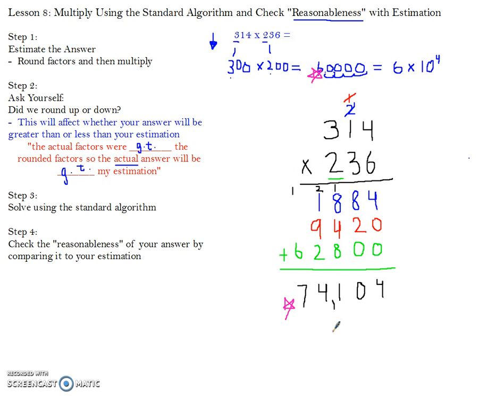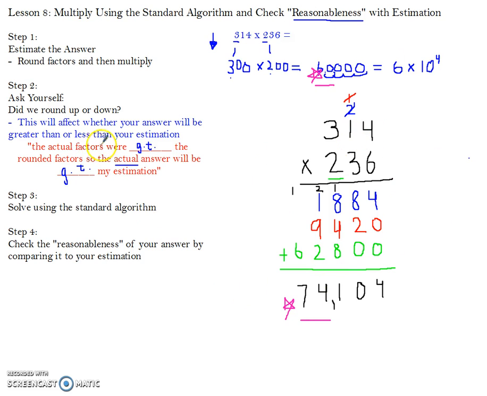They're not super close if you're thinking in thousands, but I'm in the 10,000s column here, and I'm also in the 10,000s column down here. If I wasn't in the 10,000s column in my actual answer, I might want to go back and check to see if I did anything wrong. That's one way to check the reasonableness.